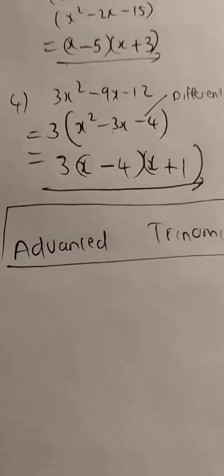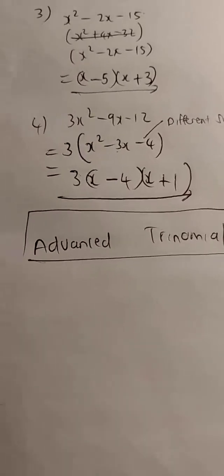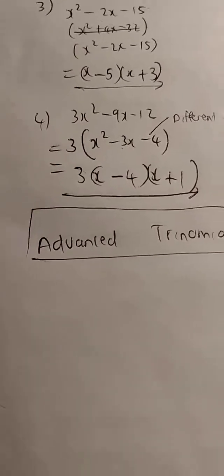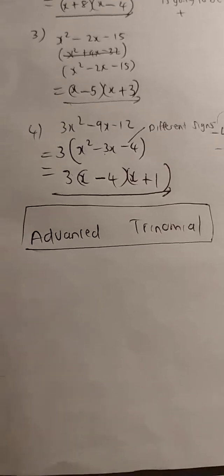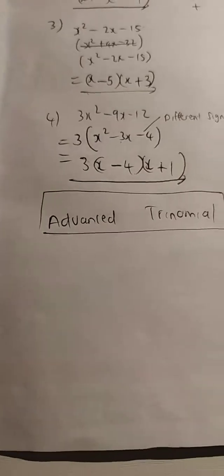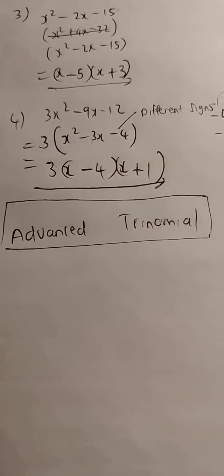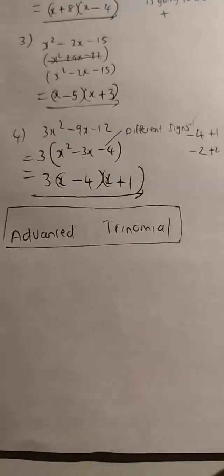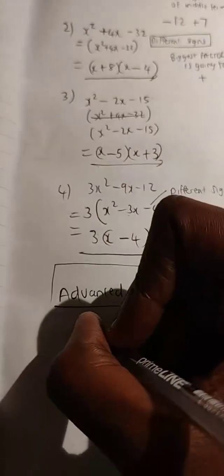Then you group, factorize, take out common factors from each pair, and then you establish common brackets, which lead you to the product of two factors, the bracket expressions you need for the trinomial to be factorized. So we are going to actually look at this method.